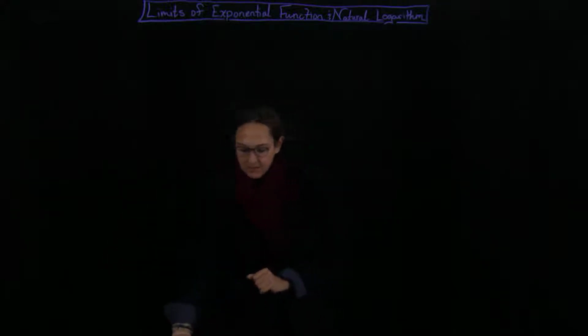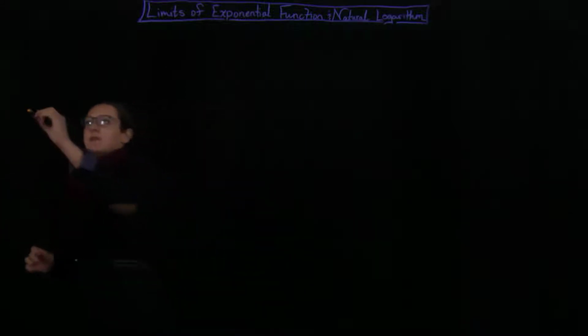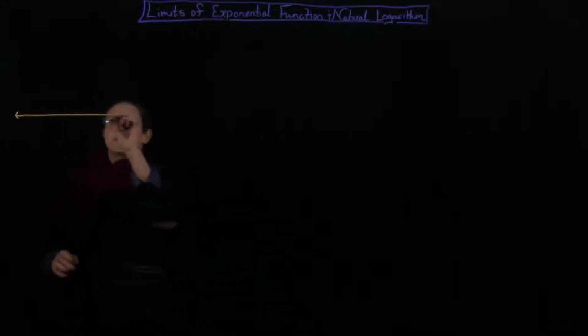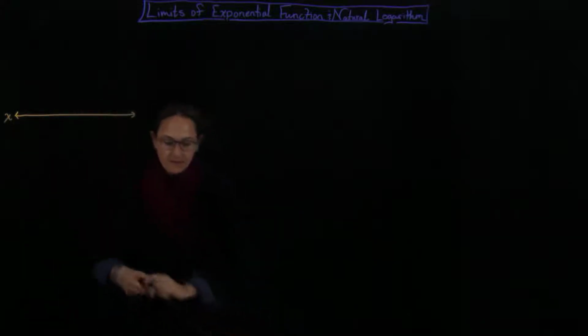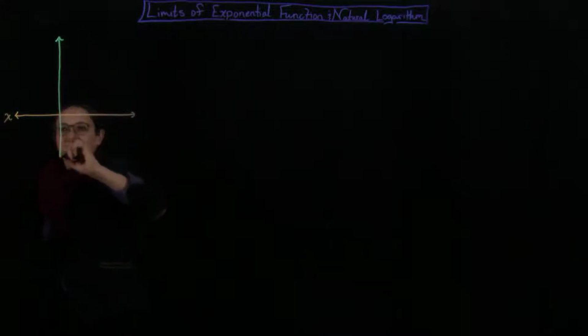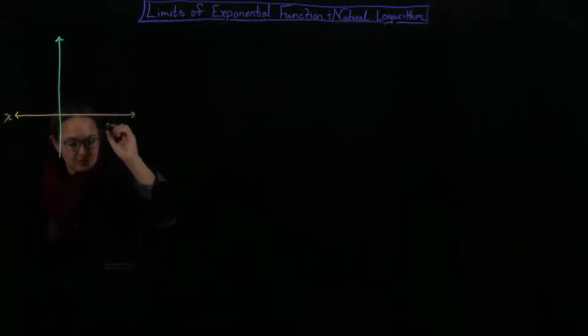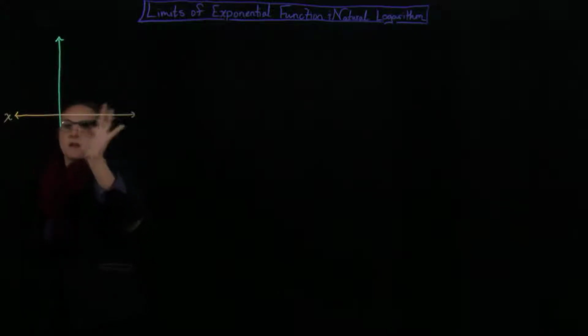Okay, so to get started, I'm going to draw the graph for you. We're going to do the exponential function first. You can get Desmos or whatever you would like to draw this graph for you, if you ever want. There are lots of tools for this, even online these days.